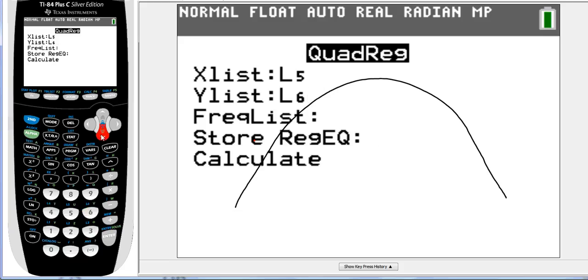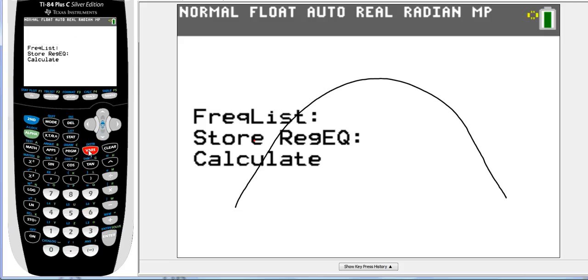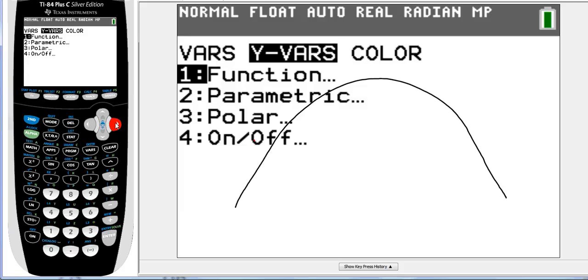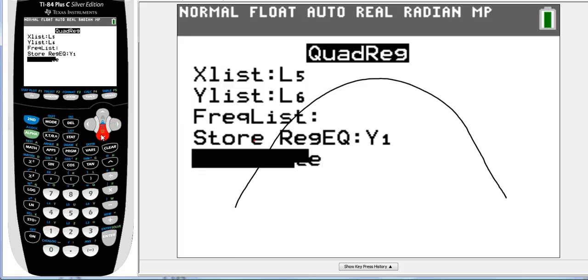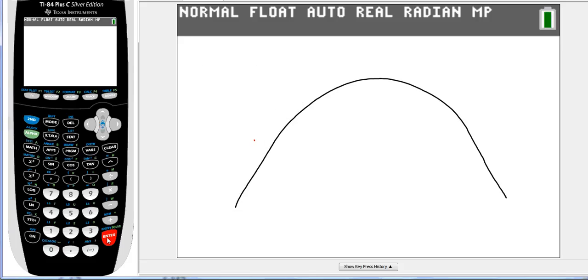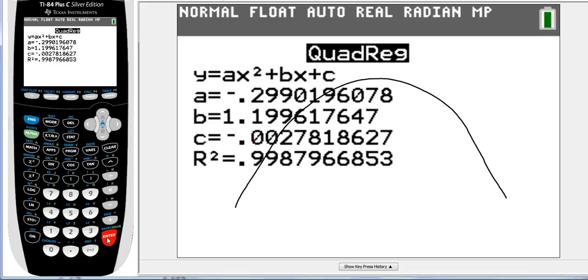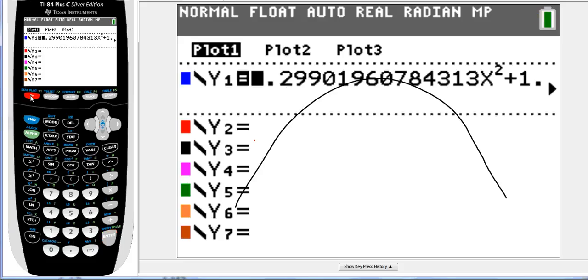I'm going to store this again, and I'll calculate it. There's my regression equation. If I go up to y1, it's also stored there. Then I'm going to go back to my main screen.